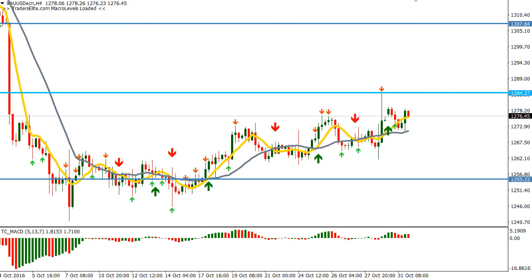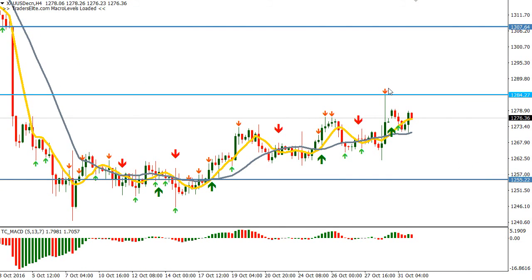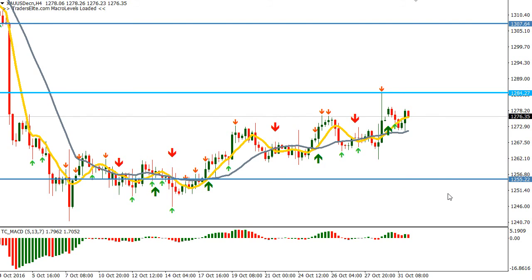Now, for those of you just joining for the first time, I want to bring to attention that we've got three indicators shown on all of these charts at the same time. We've got these horizontal lines, which are macro levels. If you haven't used them, please do. Of course, they're available to you as a premium member. They give us a really clear idea of support and resistance, and these are major support and resistance levels that institutions use.